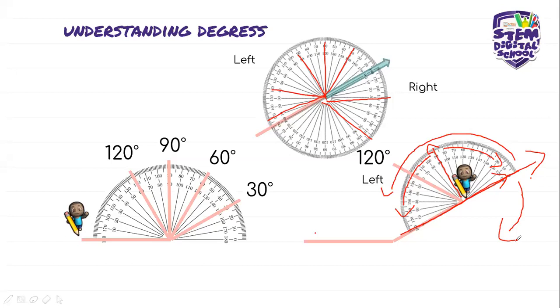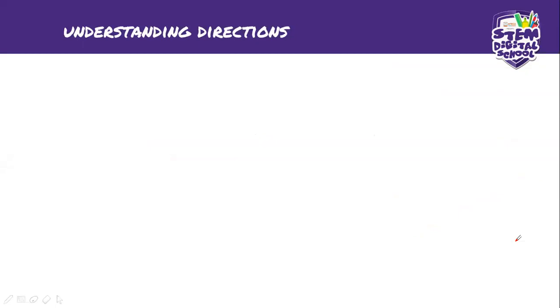Okay, guys, and now the other point that I wanted to show you guys is understanding directions. And I've seen we've made some mistakes here as well, but this is also important for us to remember which way our character is moving. Okay, so for example, I want to turn left.